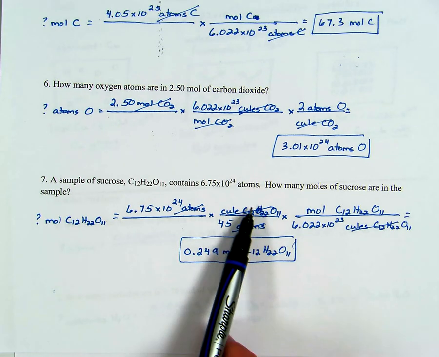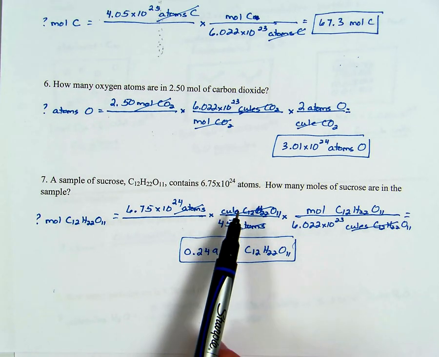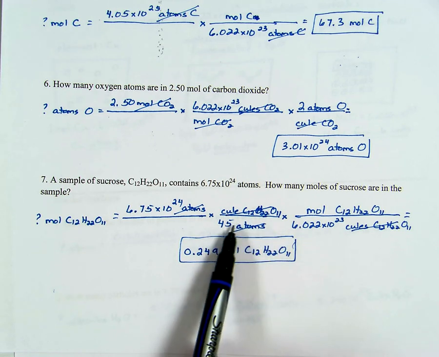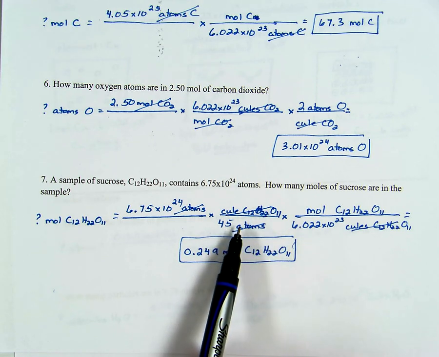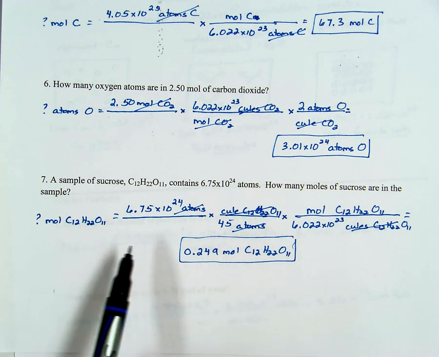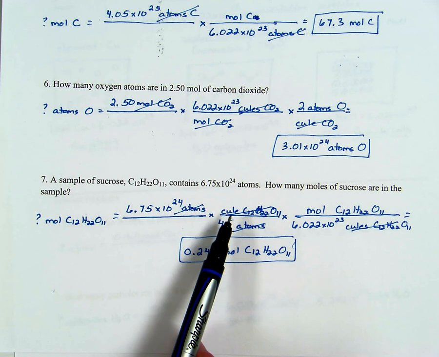You can't have part of an atom. And this would not be measured. This would simply be counted. We could look at the atoms in the molecule, know that there would be exactly 45. So that's not going to count against your sig figs. So in this problem, what we're limited by is this initial measurement of the number of atoms. So that's why we get 3 sig figs there.